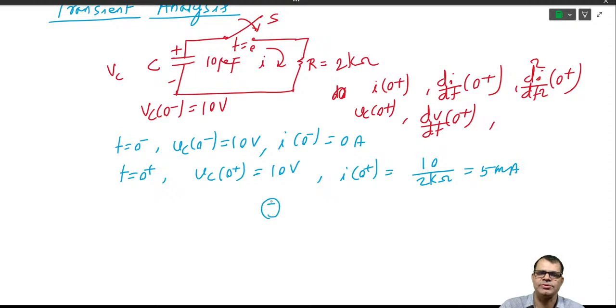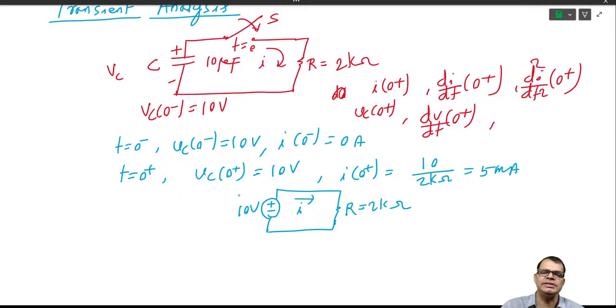It's a voltage source and R. So this is your I. R is equal to 2 kilo ohm, and a voltage source of 10 volt. Okay, we got the I(0+) as 5 milliampere and Vc(0+) as 10 volt.